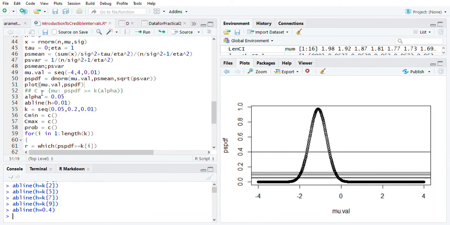Because you are defining the set C as the set of all values of the parameter for which the posterior distribution is at least as large as a particular value. So these values of k are always less than the modal value, the maximum value of the posterior distribution, and so the intervals always contain the posterior mode. So that is why highest posterior density credible intervals are so popular.